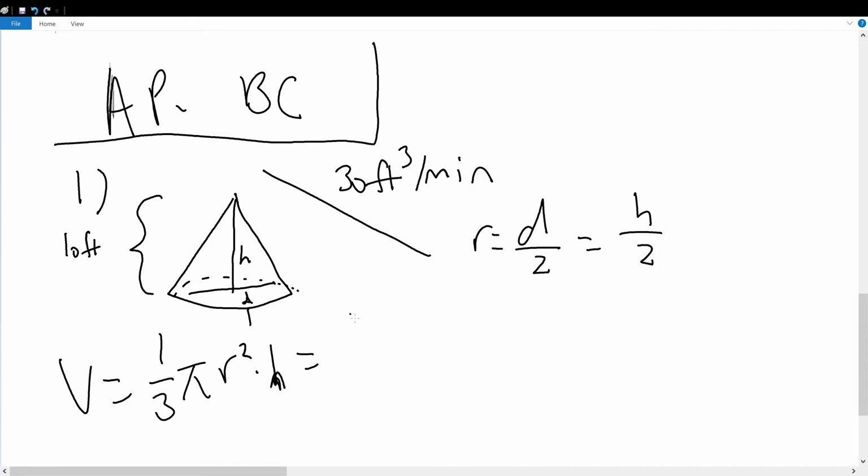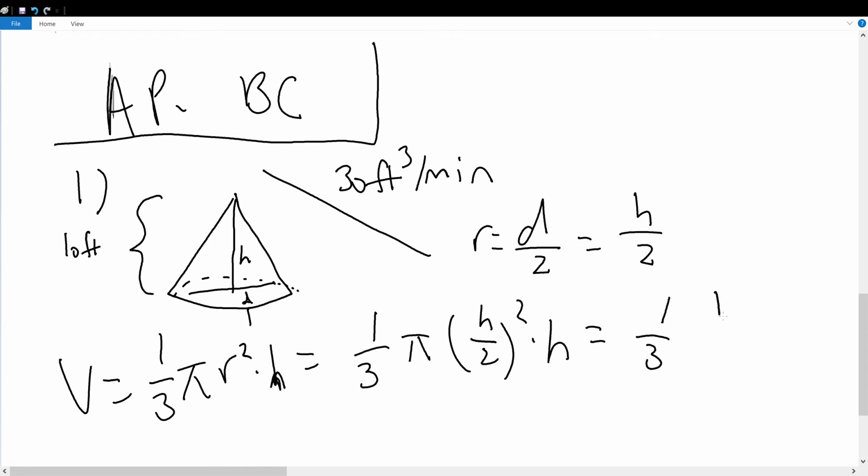So it's 1/3 pi (h divided by 2) squared times h. I'm going to simplify this, which is equivalent to 1/3 pi h cubed divided by 4, which is pi h cubed over 12.